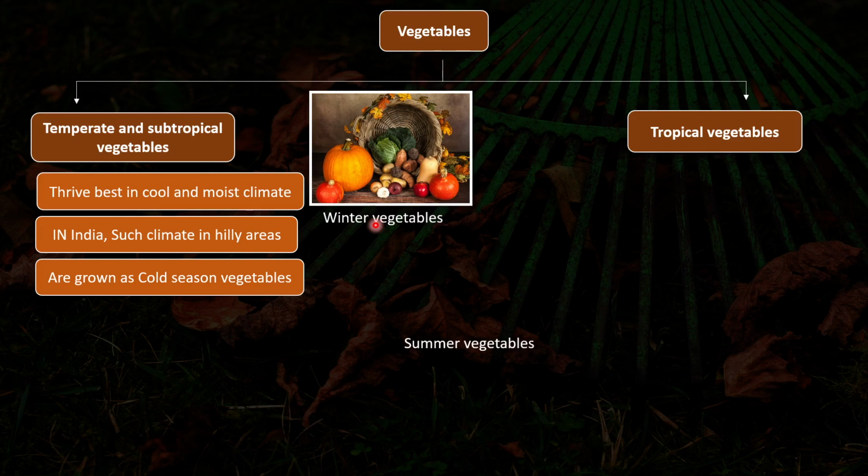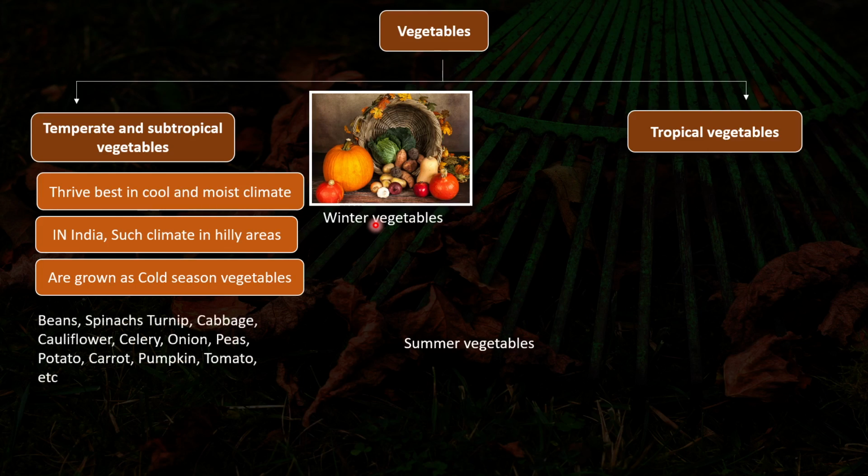So winter is a season when you will have n number of vegetables growing in the agricultural fields, and the same way you can grow them in your gardens also. Then examples of such vegetables are all the beans, spinach, right? Then turnip, cabbage, cauliflower, celery, onion, peas, potato, carrot, pumpkin, tomato, right?